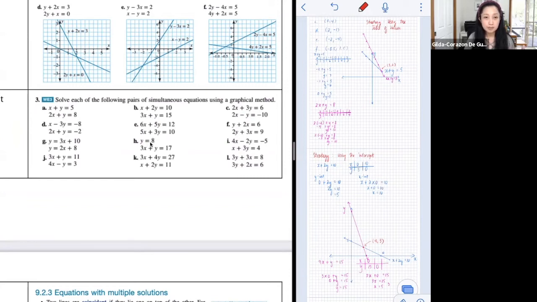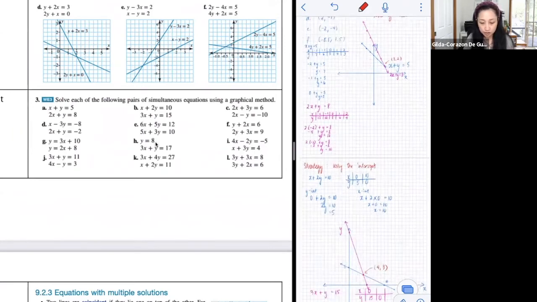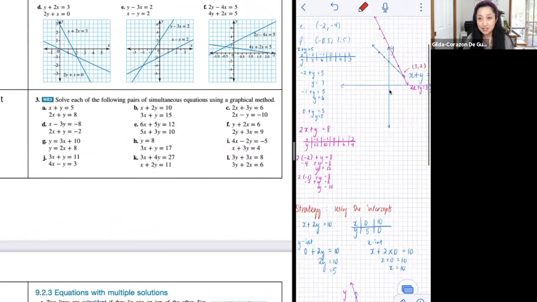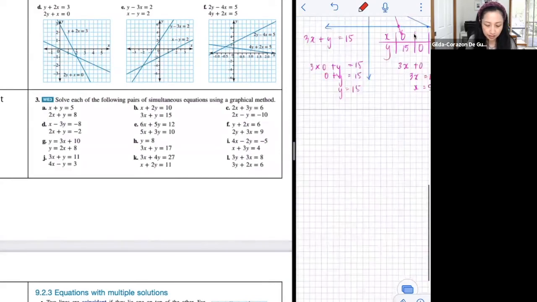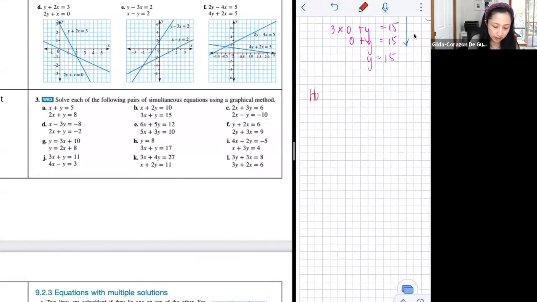And just remember, when you have y equals a constant, that becomes what? Your y value would always be 8, so then it would be a horizontal line, okay? So you can take note of that. When you have a horizontal line, it's not diagonal, it's flat, horizontal, it's y equals a constant number.